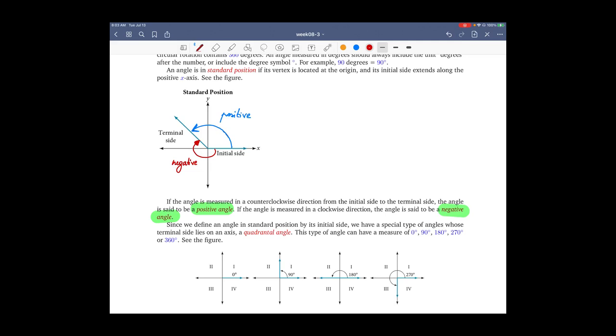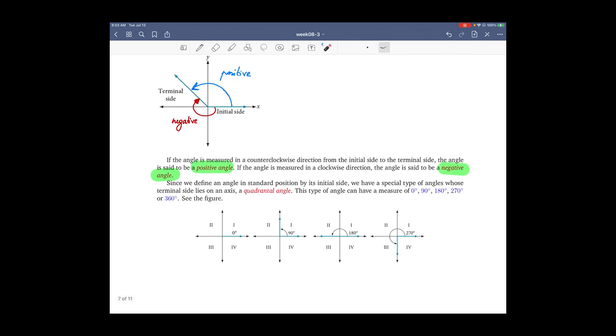There are special angles called quadrantal angles. Again, if we introduce the coordinate system and draw angles in standard position which measure to 0 degrees, 90 degrees, 180 degrees, or 270 degrees, these are very special angles.